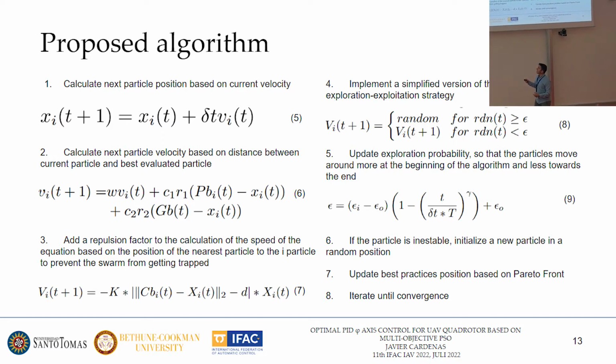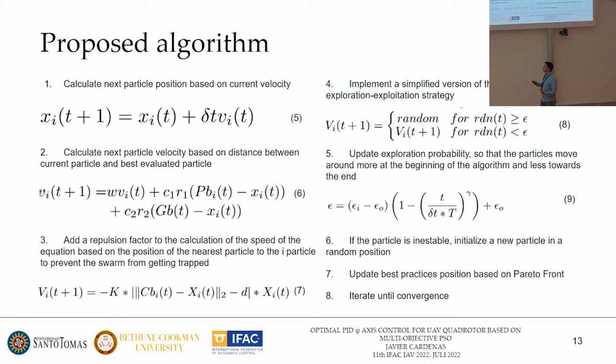And then we update this exploration probability, which we suggest to do with this equation. And something important is not to lose time on stable particles, because they take a while to converge, so it needs more time.